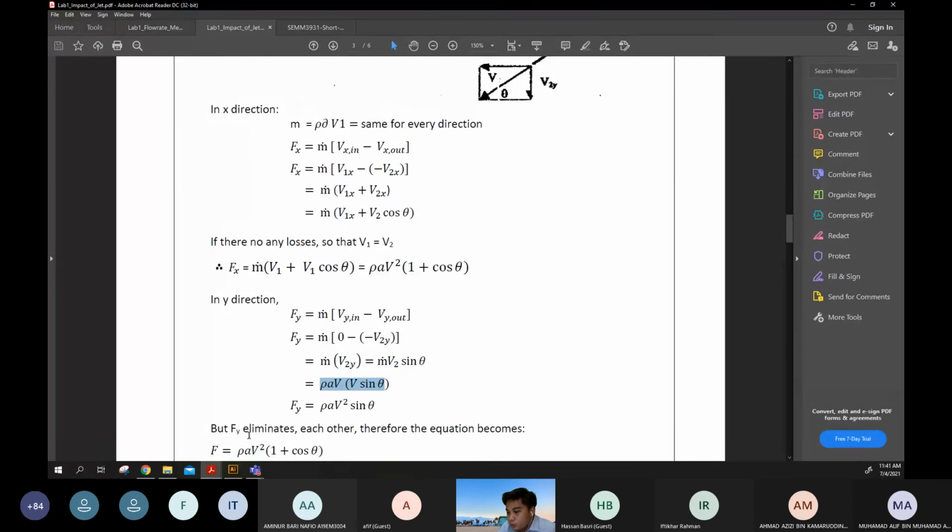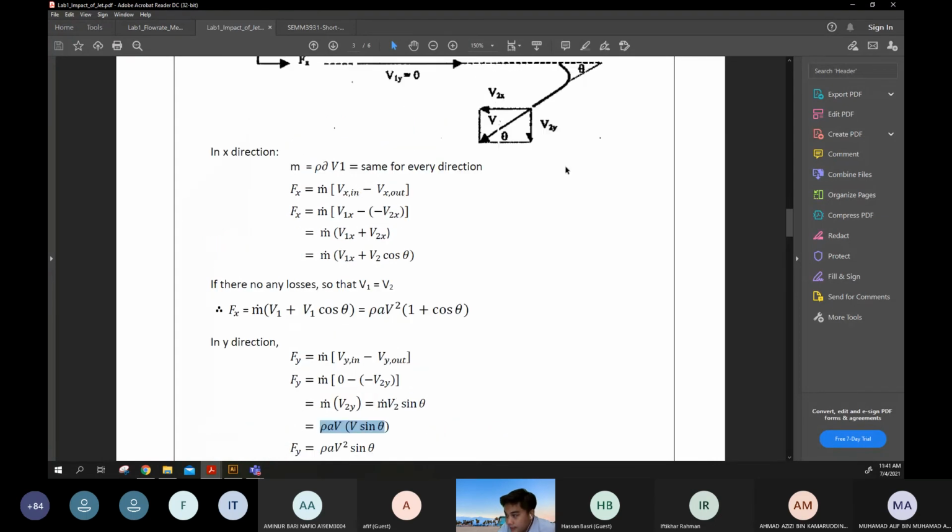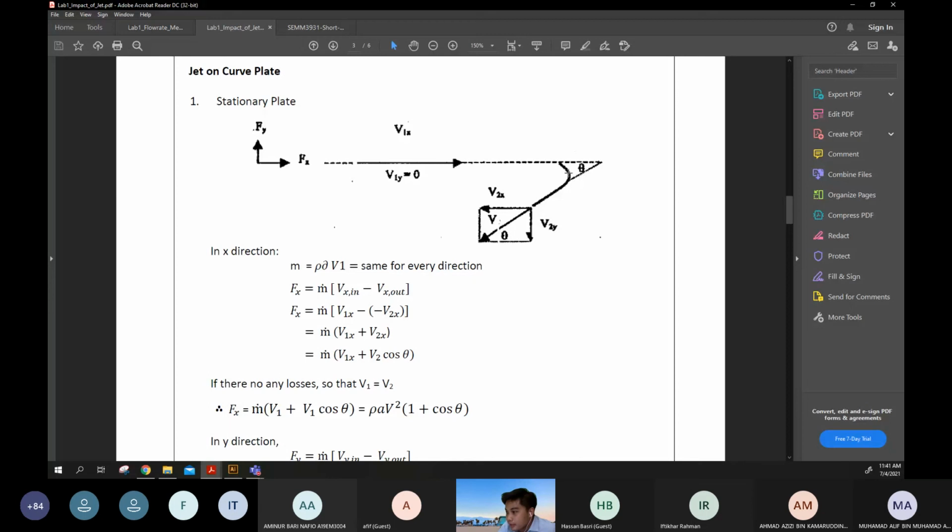However, Fy needs to be eliminated. Why? Because when we have the identical flow, we have V2y pointing downward and we also have V2y on the other side, the identical side. That is why they eliminate each other.